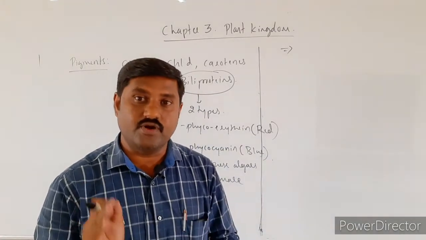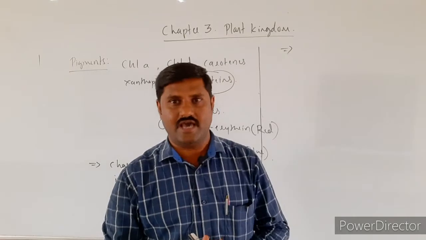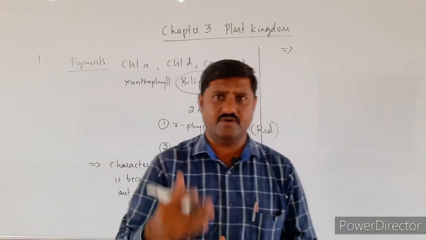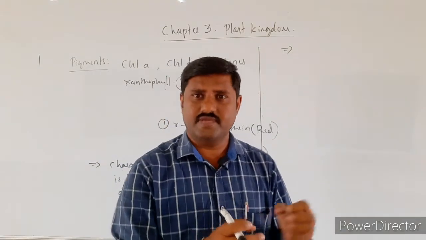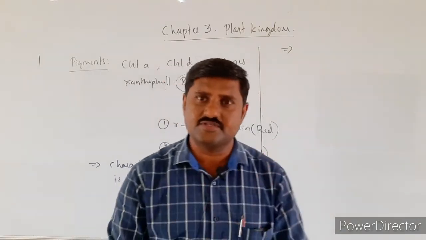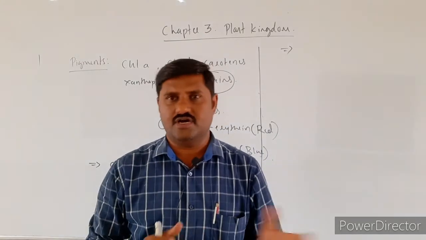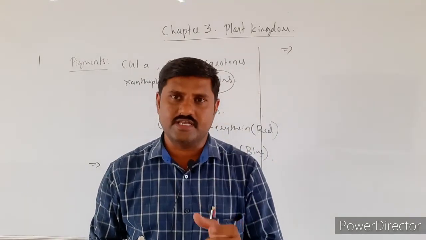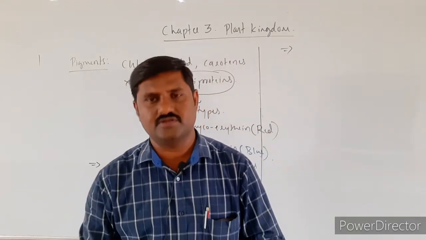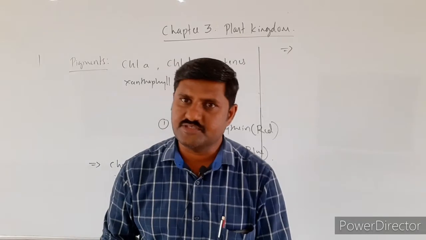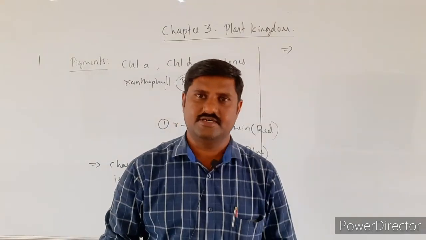So this is the point to be noted. And this phenomenon means these pigments can absorb the blue green part of the short wavelength sunlight which can penetrate deep into the water, and that is responsible for the survival of these red algae, right?